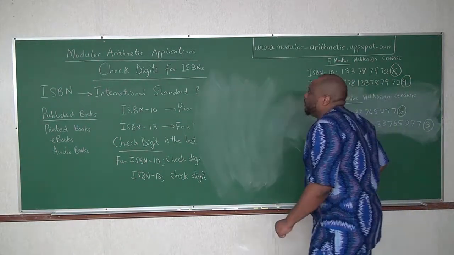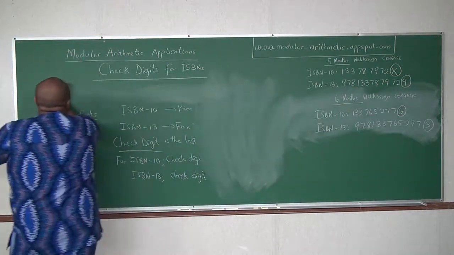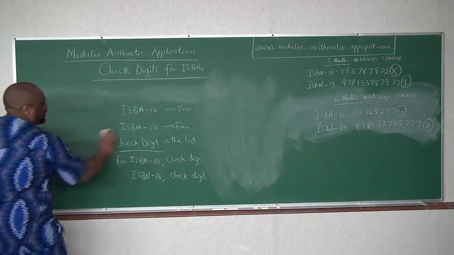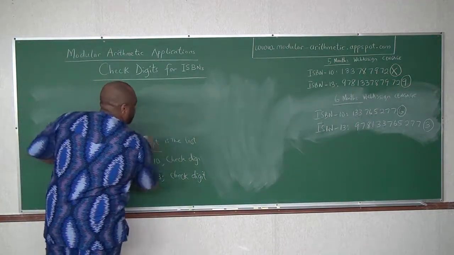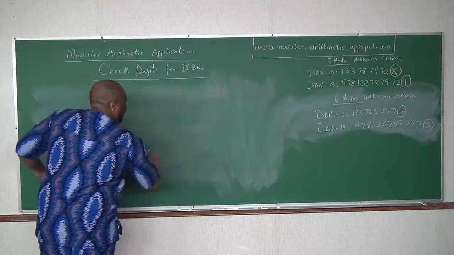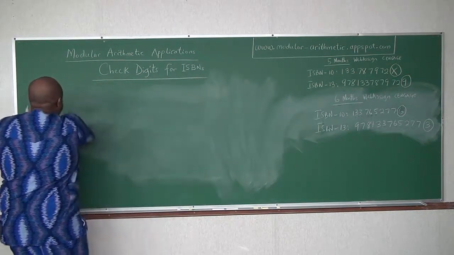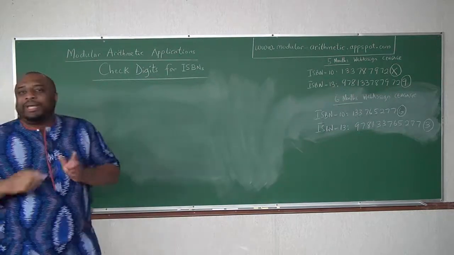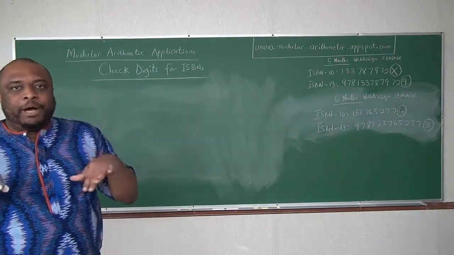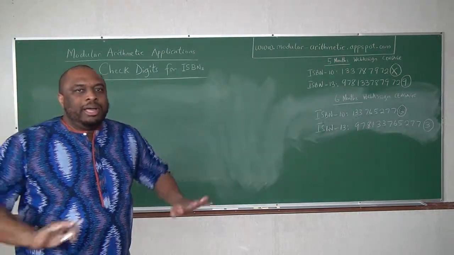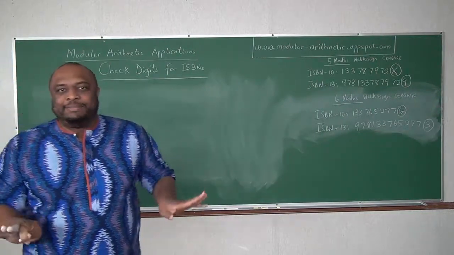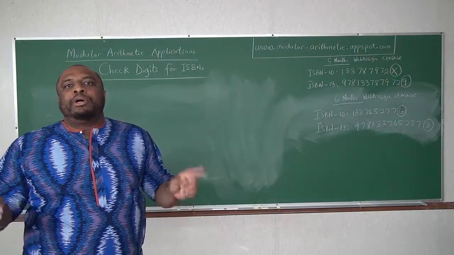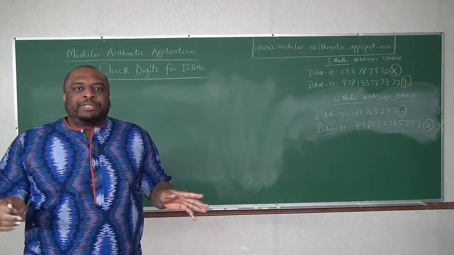Alright, so this is what we are going to do. Let us now do some calculations. And the calculation we are doing, you can do it with any published book that has an ISBN: ebook, audiobook, printed books.